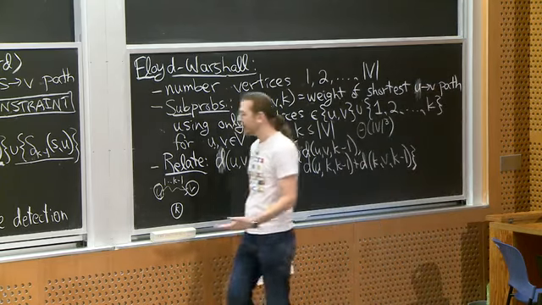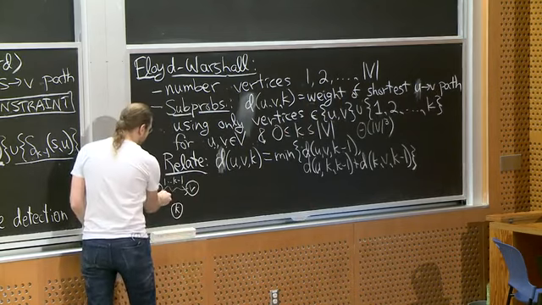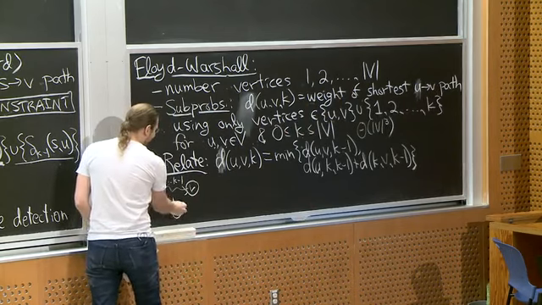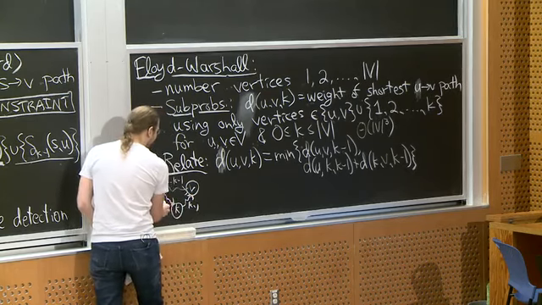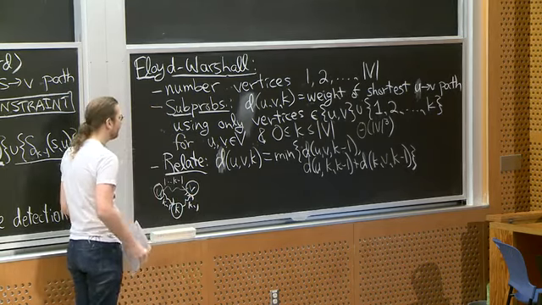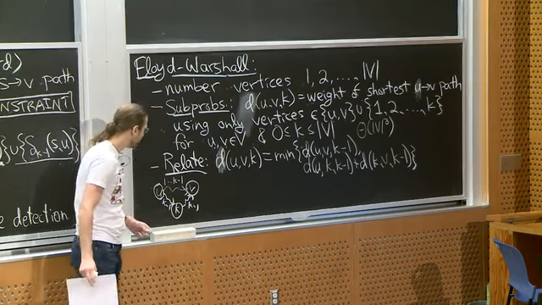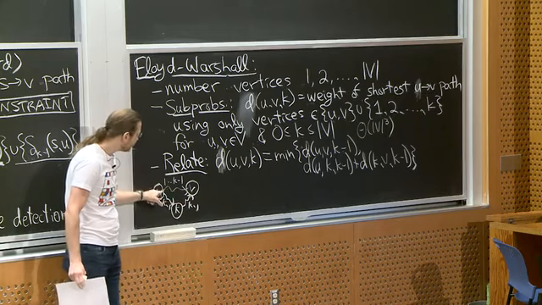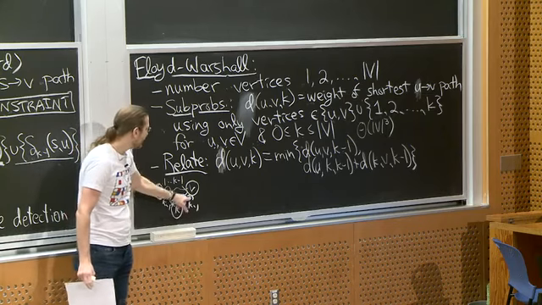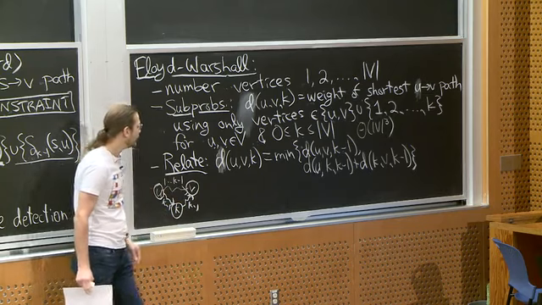Or it could be that the path goes through k. Well, it starts at u, and it goes to k, and then it goes from k to v. Okay, all using, for simple paths, if we assume there are no negative weight cycles, and you have to run Bellman-Ford to detect them, but assuming no negative weight cycles, the shortest path from u to v through k must start by using vertices less than k, and then use vertices less than k again. And that's what I've written here.